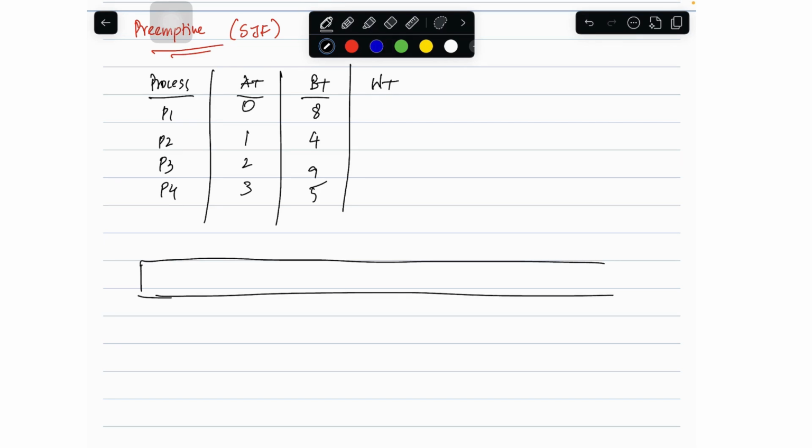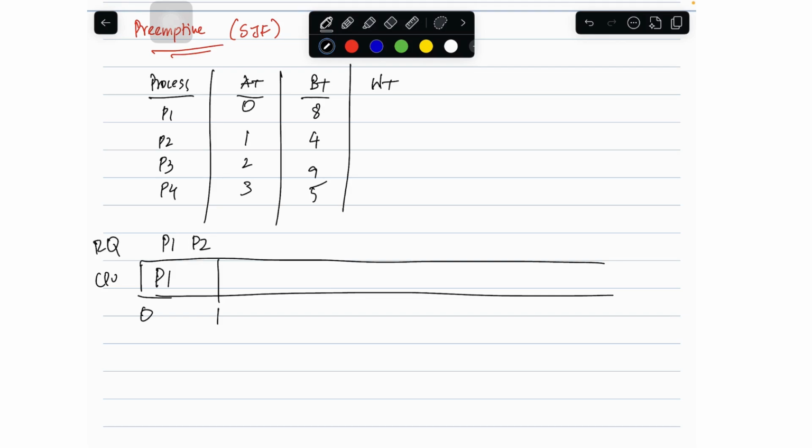When arrival time is 0, P1 will be in the ready queue and we give it the CPU. It runs for 1 second, and it immediately notices that there is another job in the ready queue, P2, and its burst time is 4.